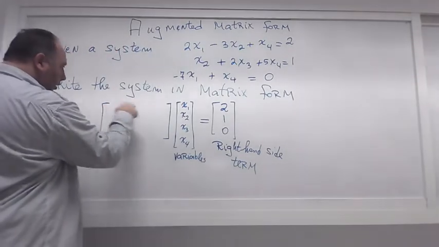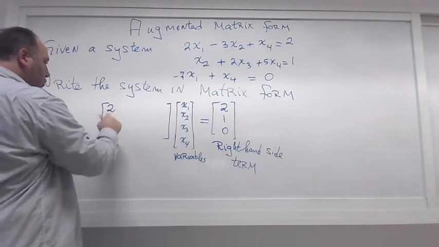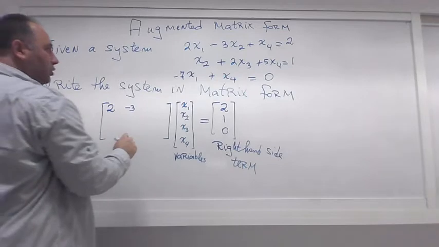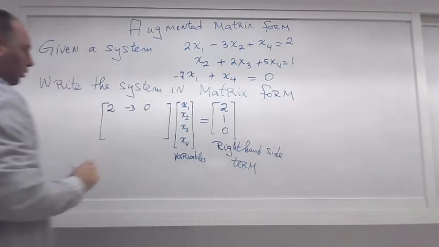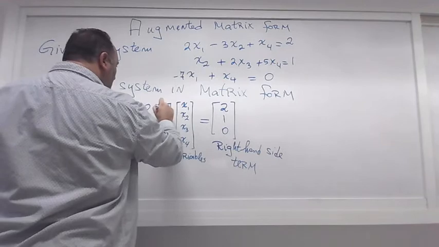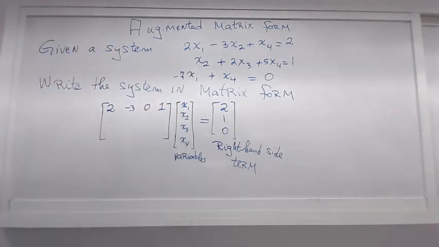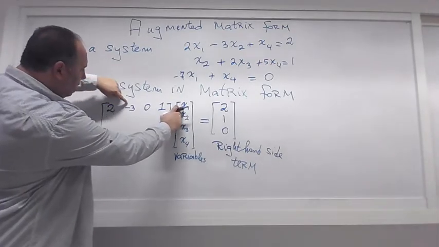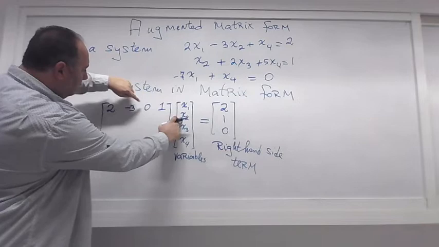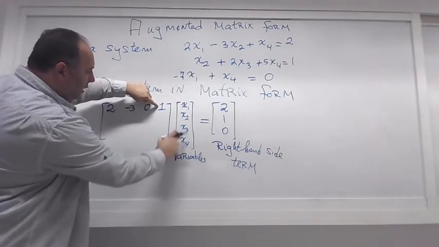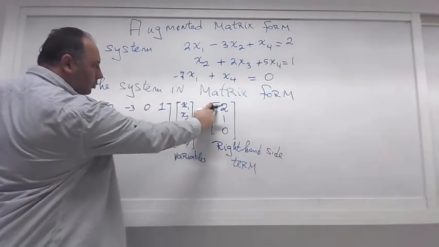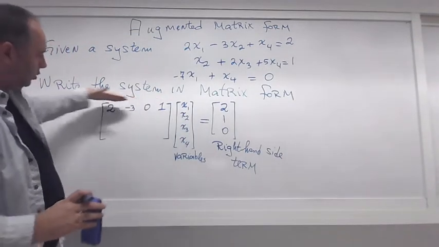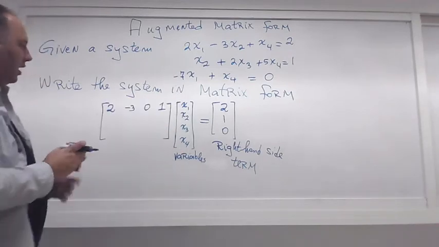So here I will write those coefficients: 2 for x1, minus 3 for x2, 0 for x3, and 1 for x4. So it's like 2 times x1 plus minus 3 times x2 plus 0 times x3 plus 1 times x4 equal 2. That's how you read it. So this is a product of the first row, this is called a row, with this vector of unknowns.